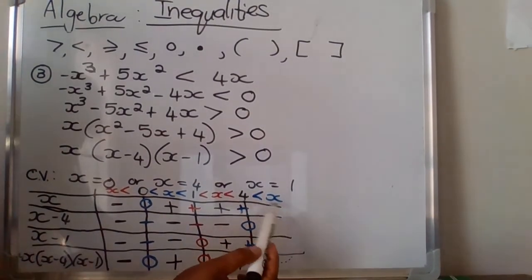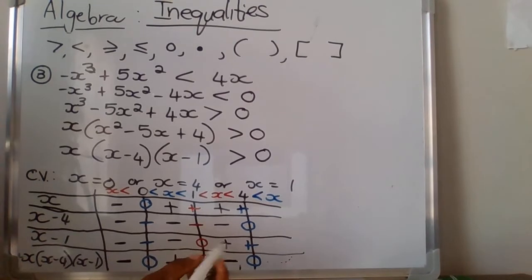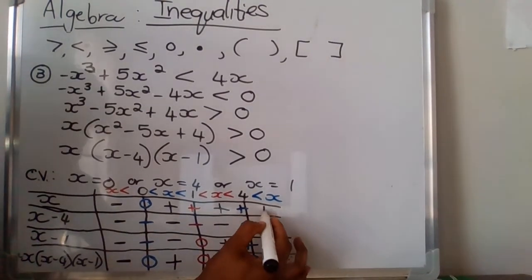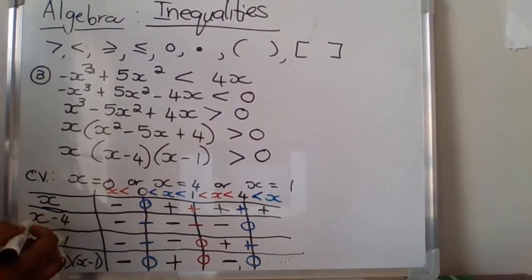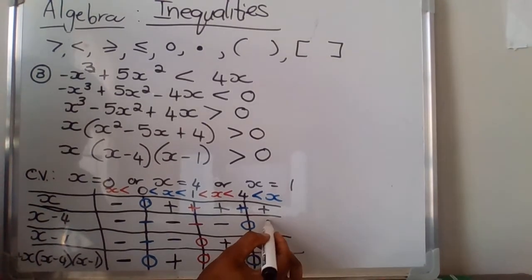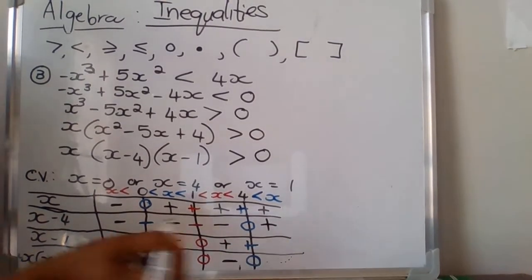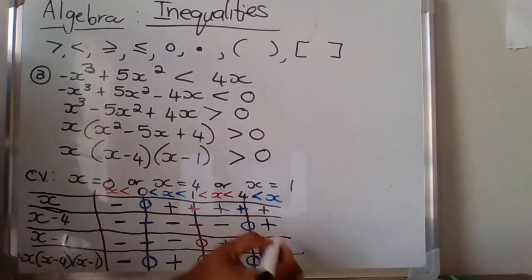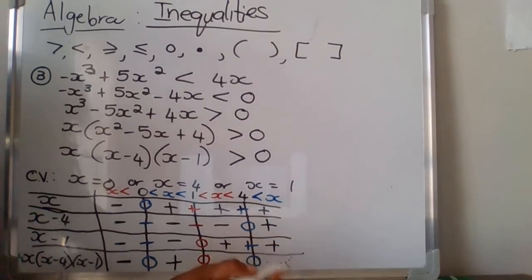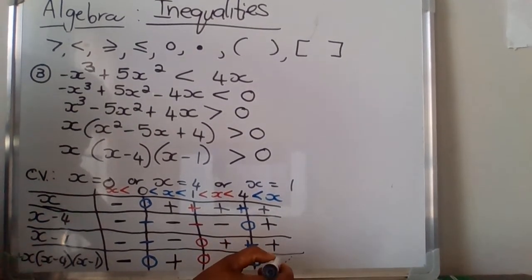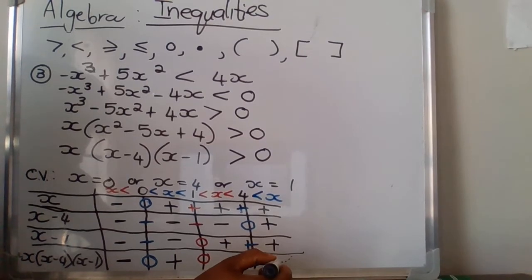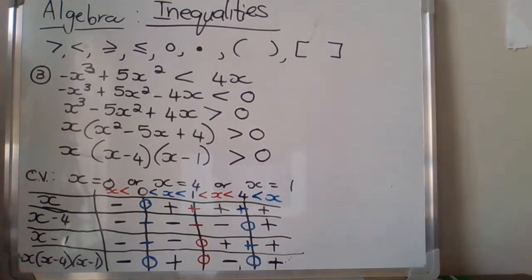Okay, so when x is greater than 5, for example, this one here is positive. 5 minus 4 is 1, so that's a positive value. 5 minus 1 is 4, which is a positive value. So here as well, when I multiply all three, I get a positive value.